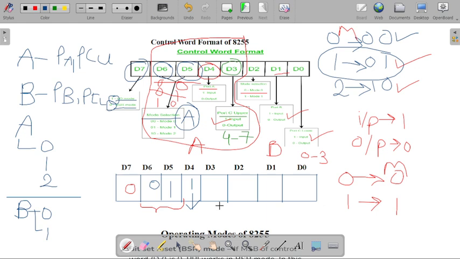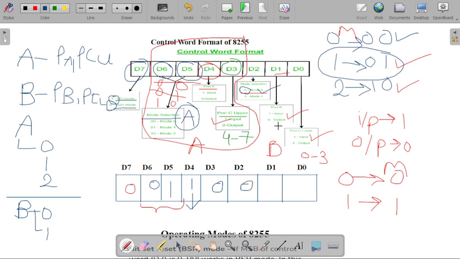Now the D3 bit is used for port C upper part, and consider that our port C works in output mode, then we write 0. The next bit is D2, used for mode selection of our group B architecture. If we select mode 0 operation, then we write 0.